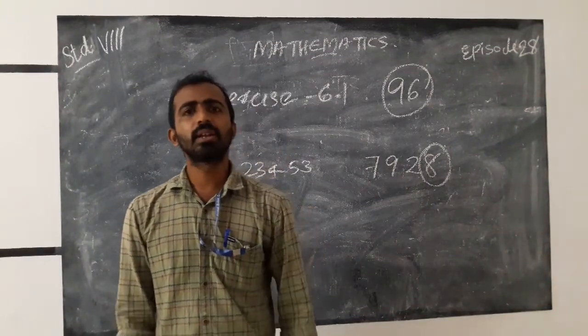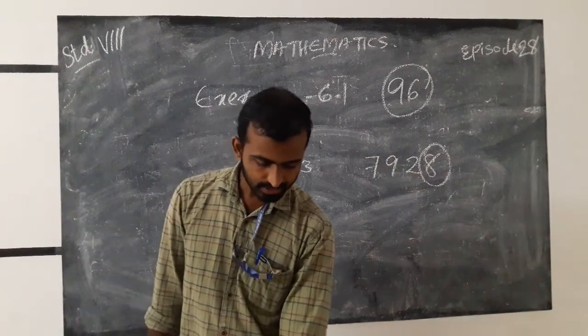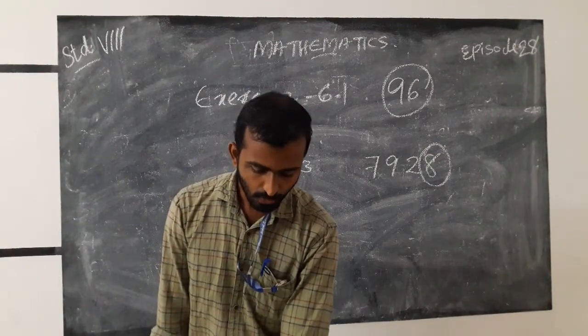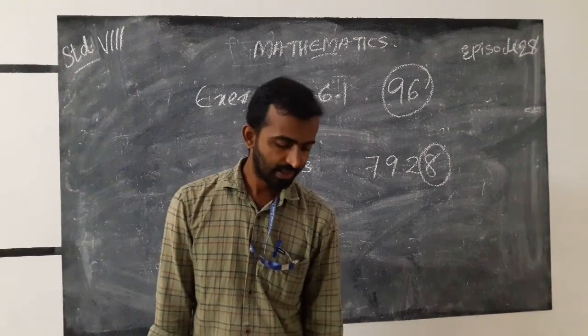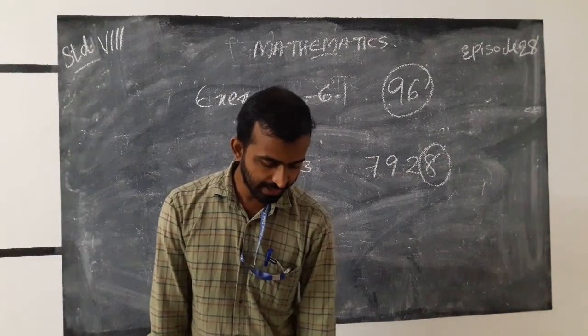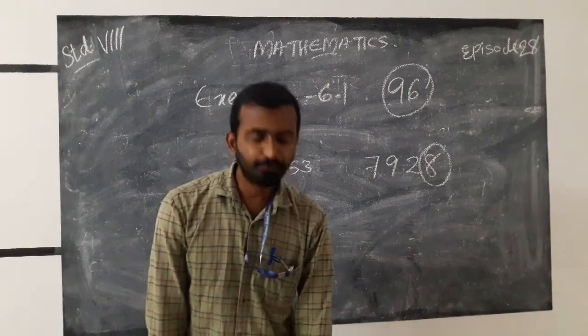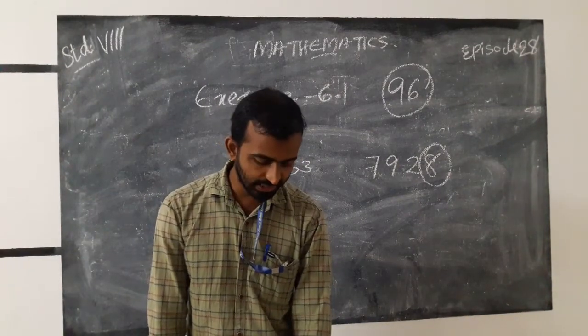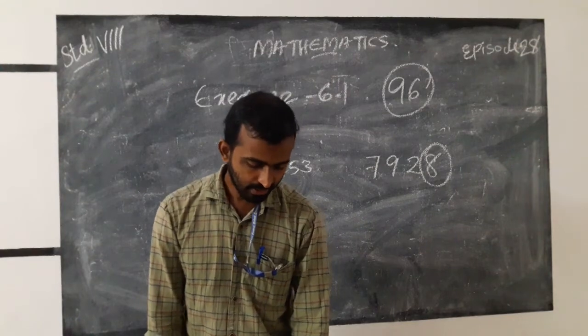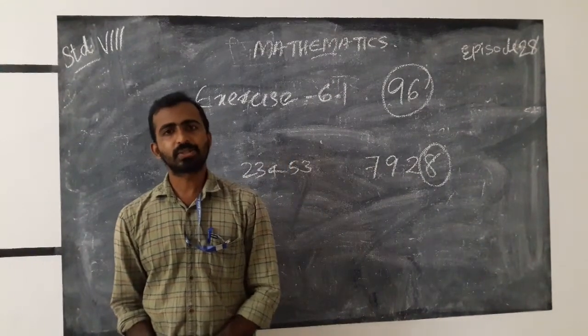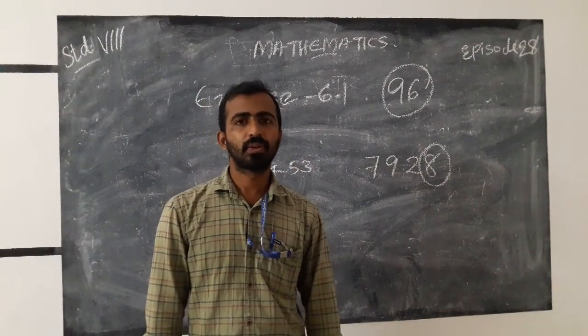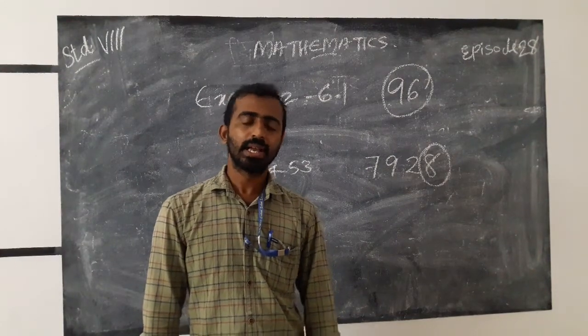And our third question is: the squares of which of the following numbers would be odd numbers? The first one is 431. Is its square an odd number? Yes.